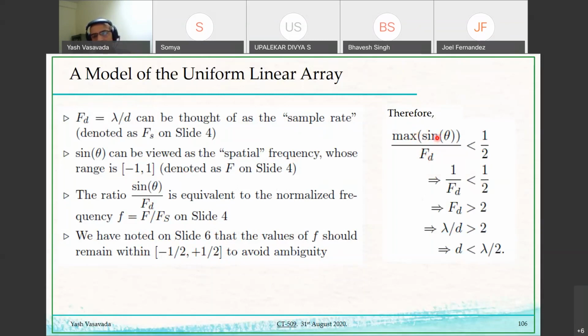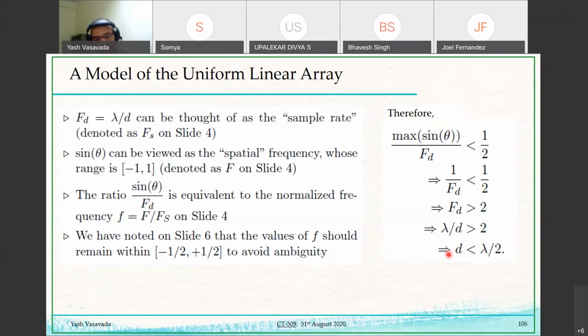But obviously max of this sine theta is 1, so 1 divided by fd has to be less than 1/2, which means fd has to be greater than 2, which means lambda divided by d has to be greater than 2, which means that the separation between the elements has to be less than half the wavelength. So this equation here is called the space domain counterpart of the Nyquist requirement.